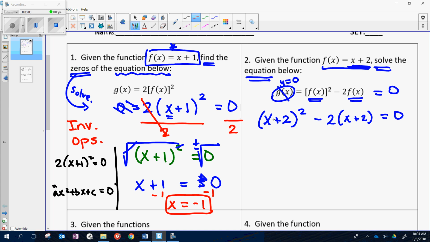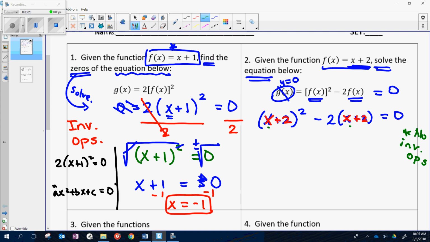So I just substituted x plus 2 in everywhere they said f of x. I'm solving, and I cannot this time do inverse operations. Inverse ops is a no, because there's an x here and there's an x there.